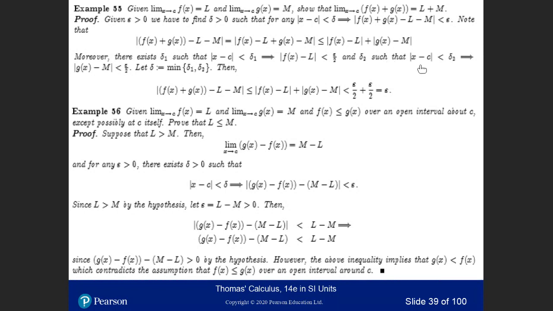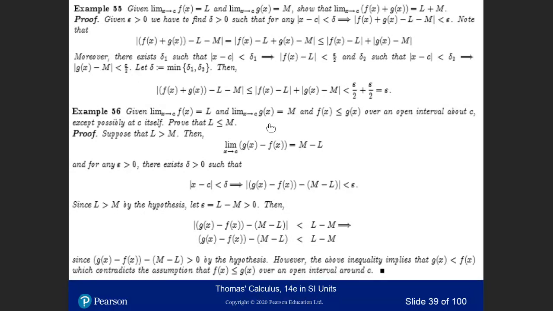When x is in this interval, the absolute value of g of x minus M is again less than epsilon over 2. So this is epsilon over 2 plus epsilon over 2, which tells me f of x plus g of x minus L minus M is less than the given epsilon. What I choose for delta is the minimum of delta 1 and delta 2, the minimum of the deltas of the two functions, actually.